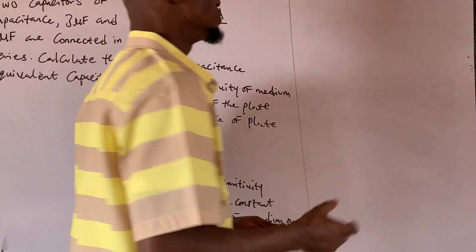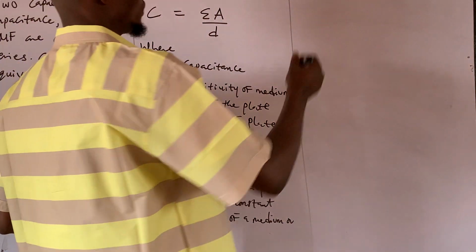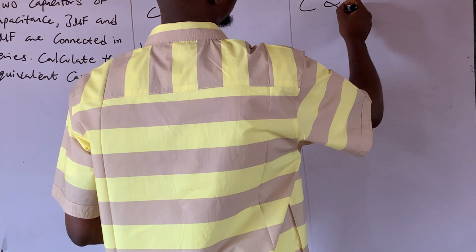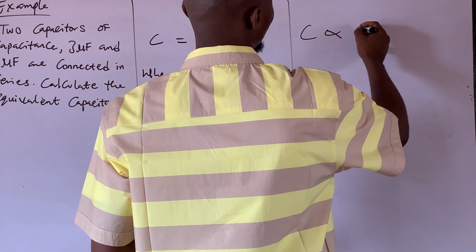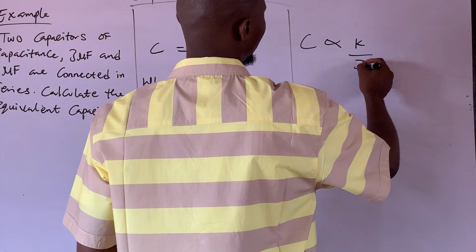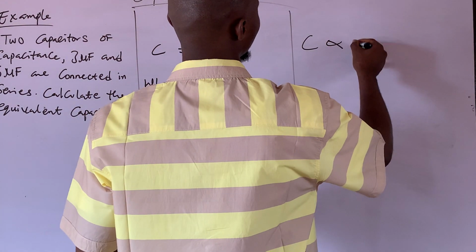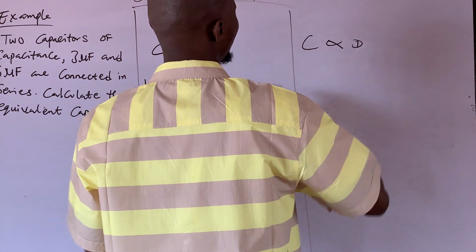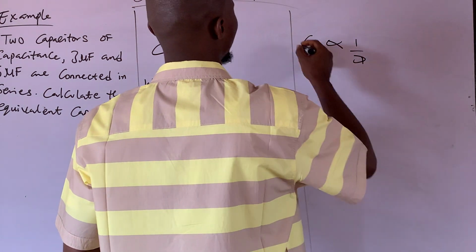So let me give you terms that you need to know. First of all, we have C proportional to K over D. Let me say, no, inverse, 1 over D. First one.